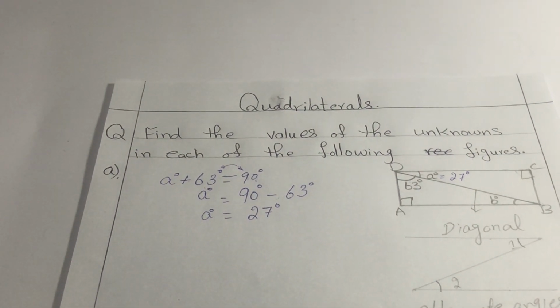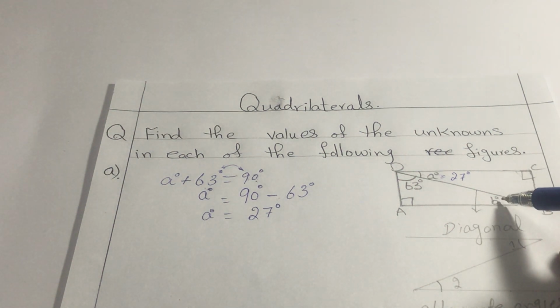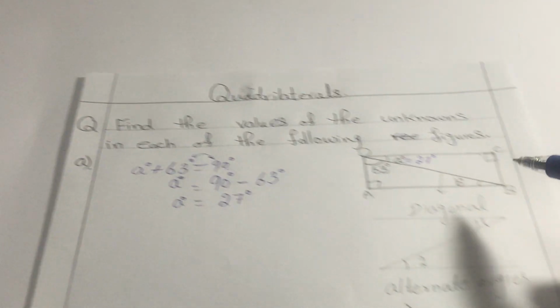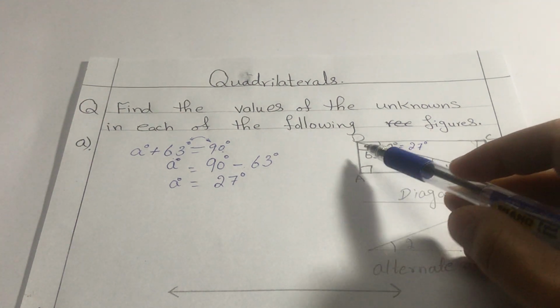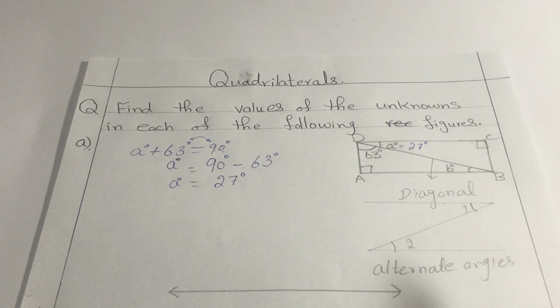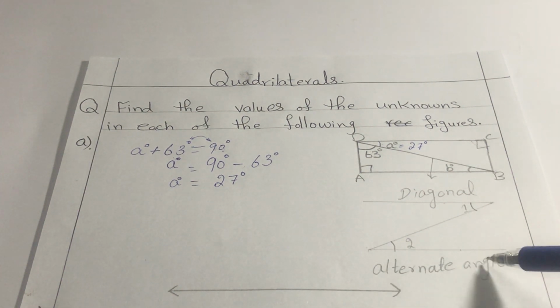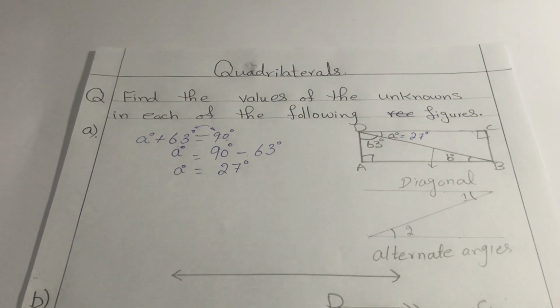Understood? Now, our second unknown angle is B degrees. Now, as I have told you here, if we join the opposite corners of two parallel lines, the marked angles are known as alternate angles.